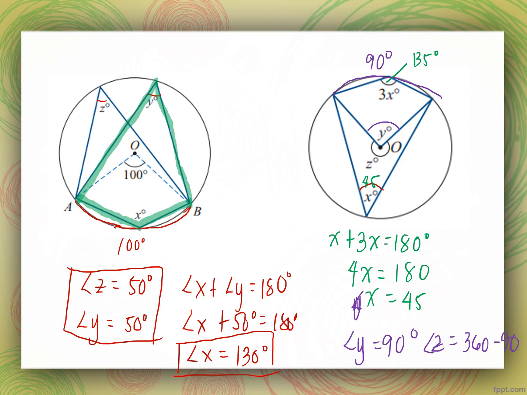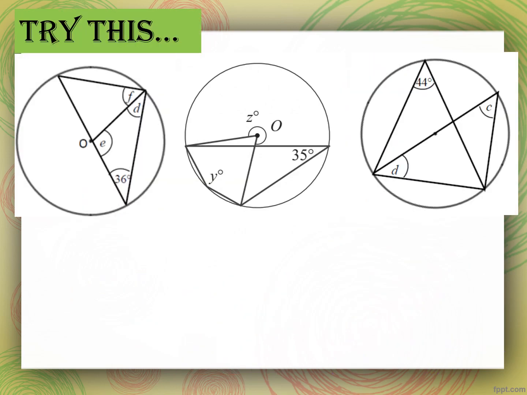So therefore your angle z, let's put it up, your angle z is 270 degrees. And then the other two measures are on the figure.